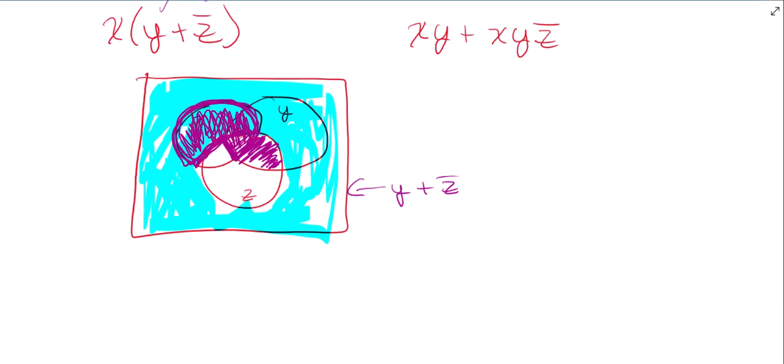Everything in there is both in X and in either Y or not in Z.